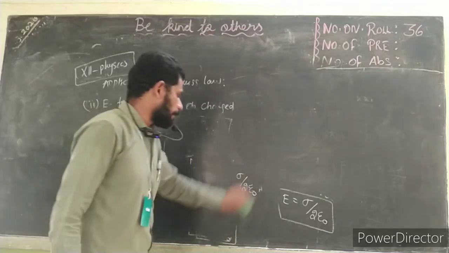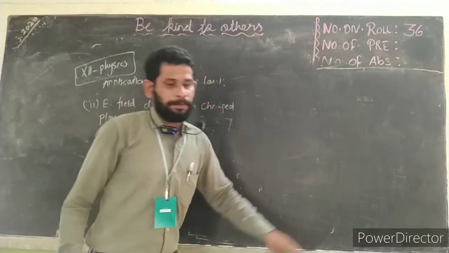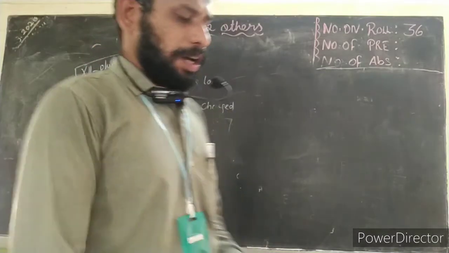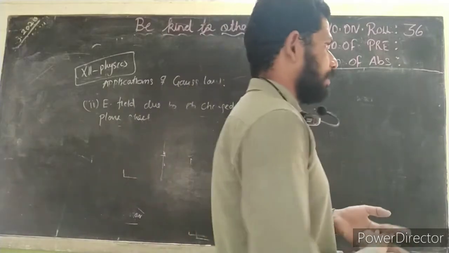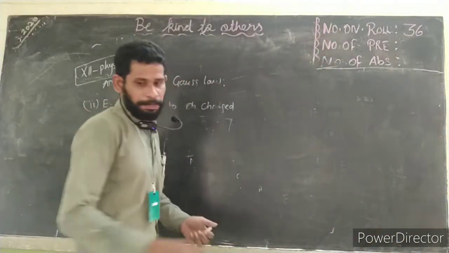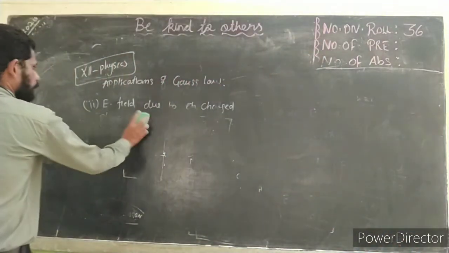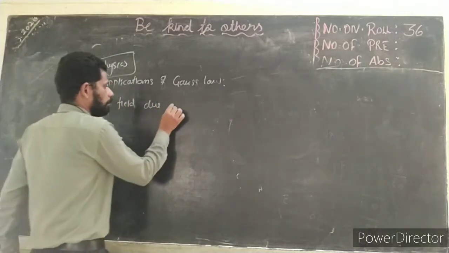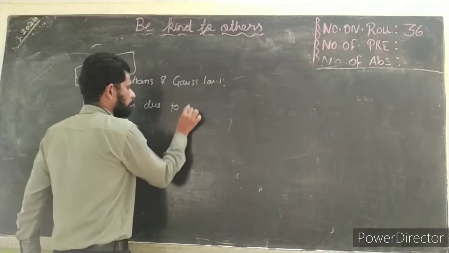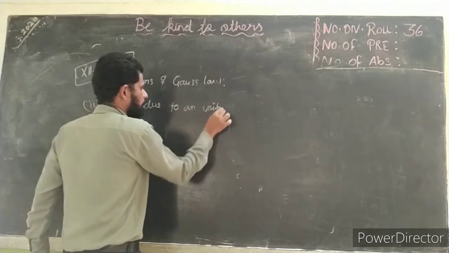Okay. So next one. These are the plane charge sheets, and then the electric field due to a uniformly charged spherical shell.